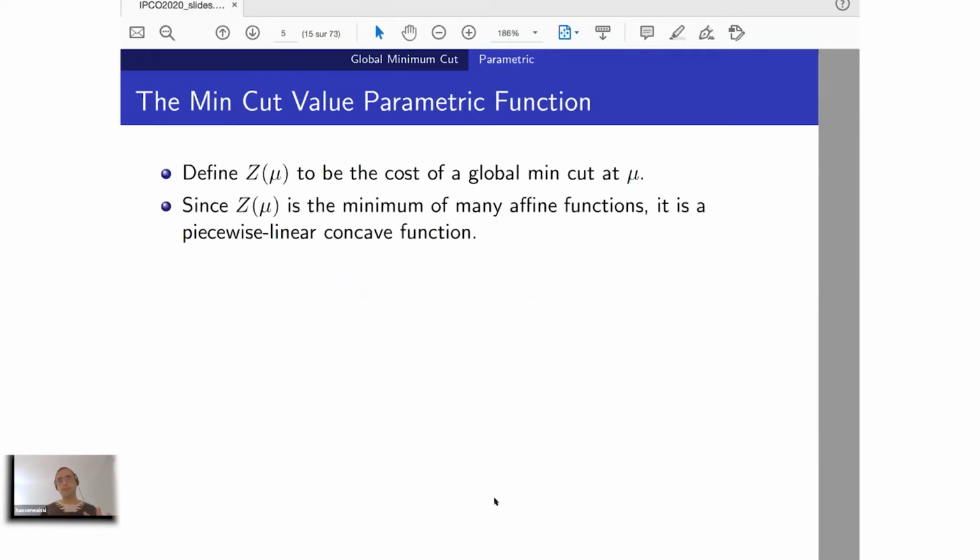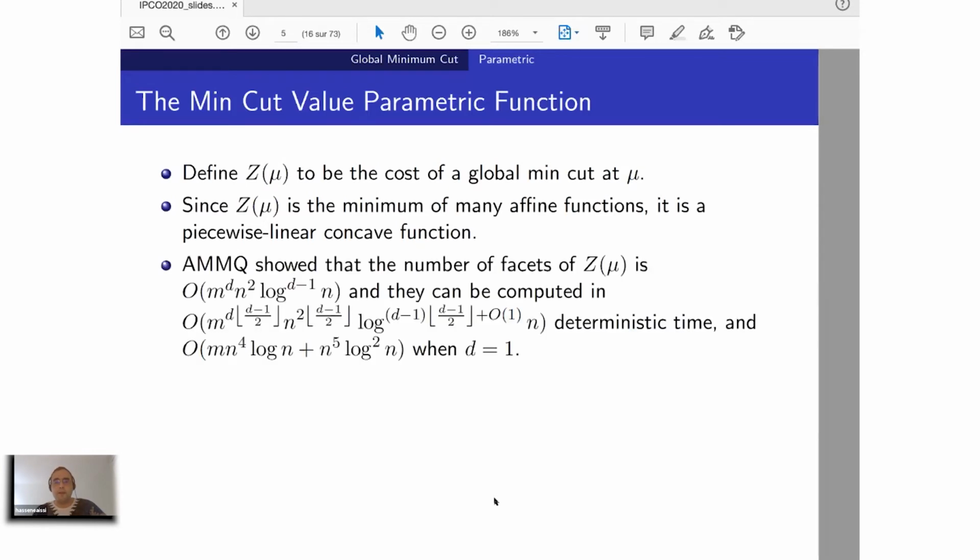And since this function z, let's call it z of mu, is the minimum of many affine functions, one associated to each cut in the graph, this function z is piecewise linear and concave. A nice property of this function z is that it has a strongly polynomial number of facets, which are the linear parts of the surface of z, and also a strongly polynomial number of breakpoints.